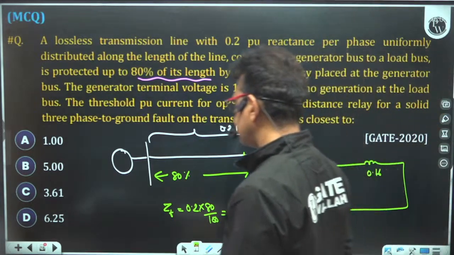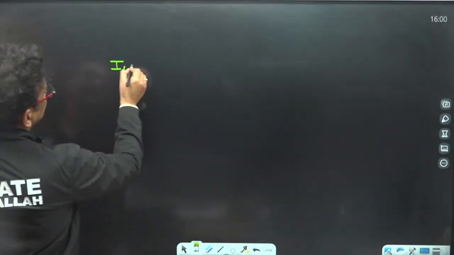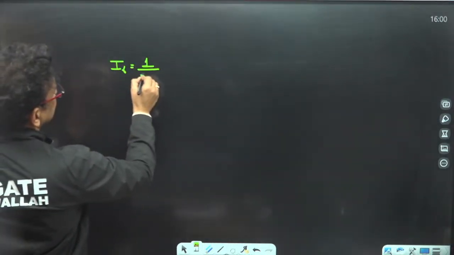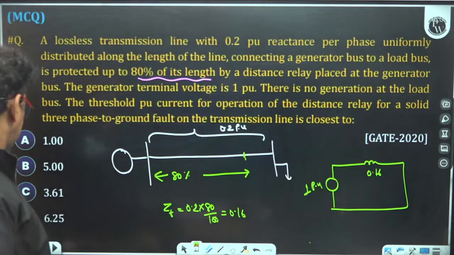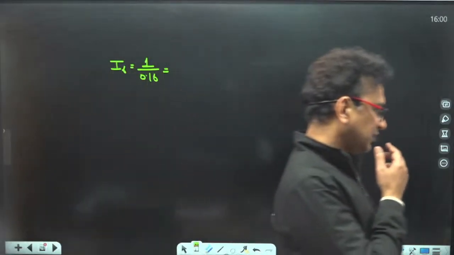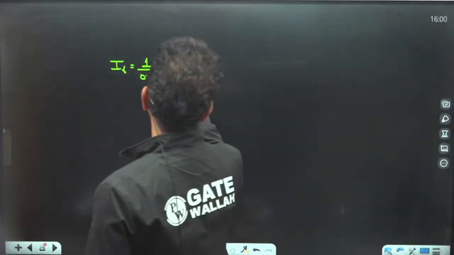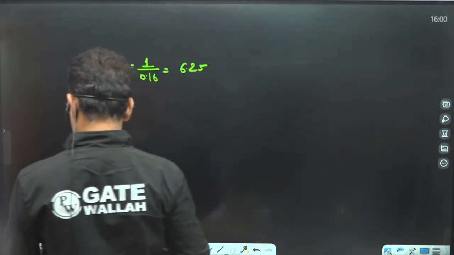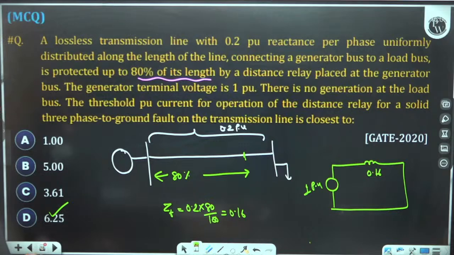So the fault current becomes 1 divided by 0.16. How much? 1 divided by 0.16 is 6.25. D is the right option.